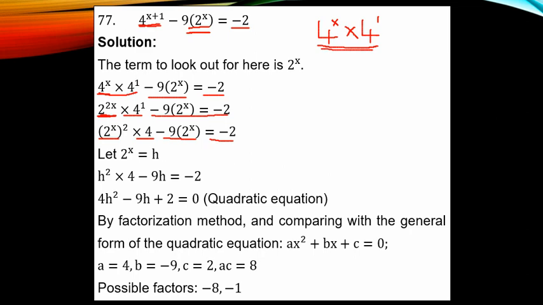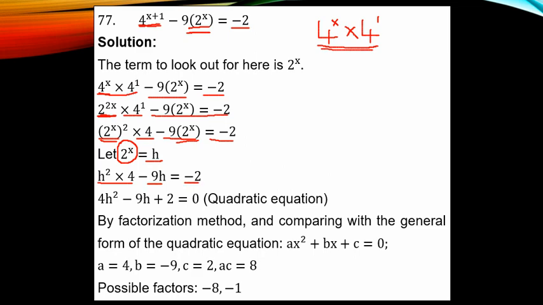At the stage we are now, we cannot get s directly. What we do is that this term that contains s, you let it equal to any other letter. So let's say h. So we replace 2 power s by h. If you put h in this place, because of the square, you are going to have h squared times 4. If you put h here, you have 9h equal to minus 2.